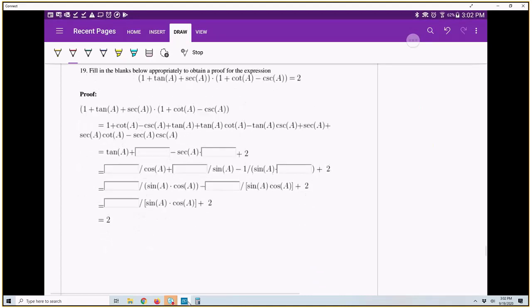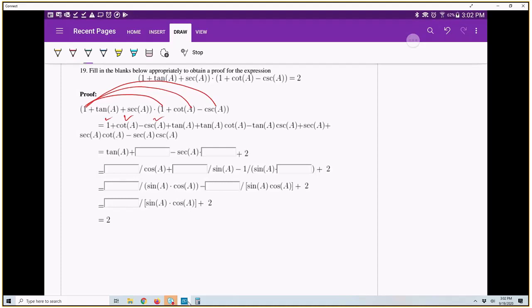So the next one, I'm going to prove the identity. Remember, I'm starting with 1 plus tangent a plus secant a times 1 plus cotangent a minus cosecant a. So the first line is given for us. What we're doing is writing by distribution. So 1 times 1 is 1. 1 times cotangent is cotangent. 1 times negative cosecant is negative cosecant.